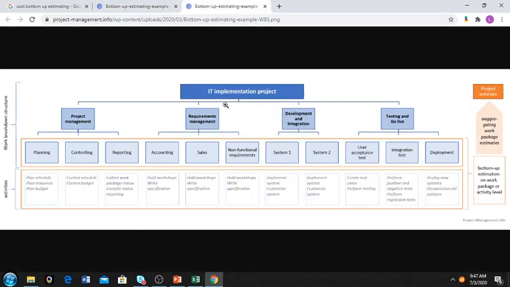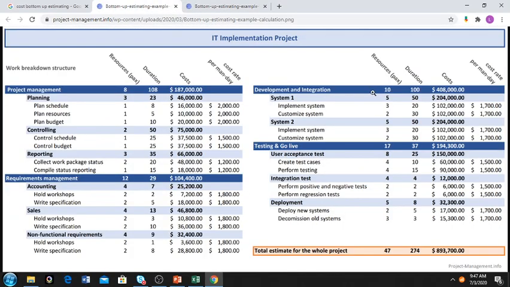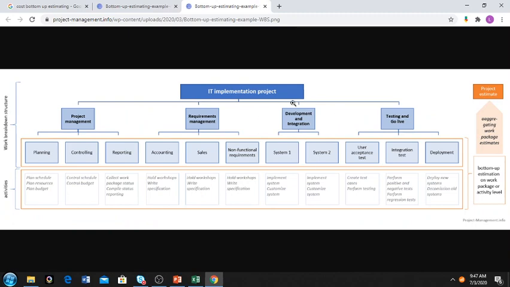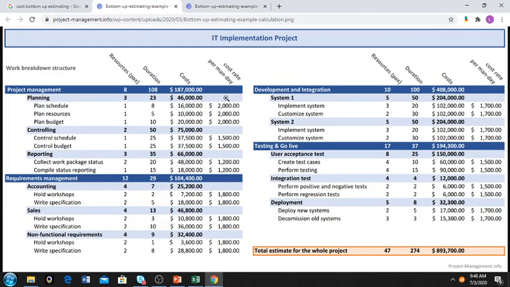This one, requirement management, 104,000 USD. Here, development and integration, 408,000 USD. And then testing and go live goes for 194 something.